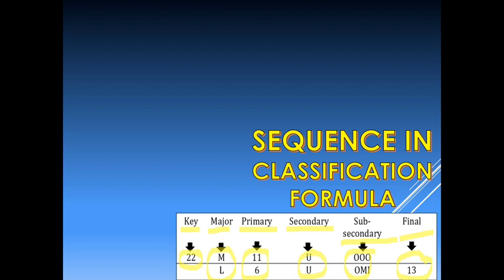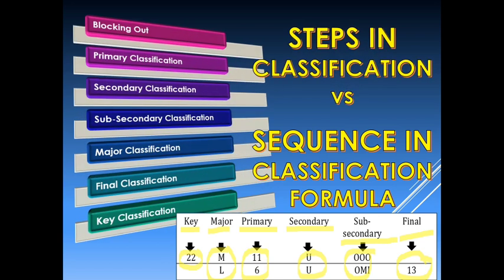However, class, in the classification steps, the first step is the blocking out, again, followed by the primary classification. Third is the secondary classification, followed by the subsecondary classification, and then the major classification, followed by the final classification, and last is the key classification. So please do not be confused between the sequence in the classification formula and the steps in classification.